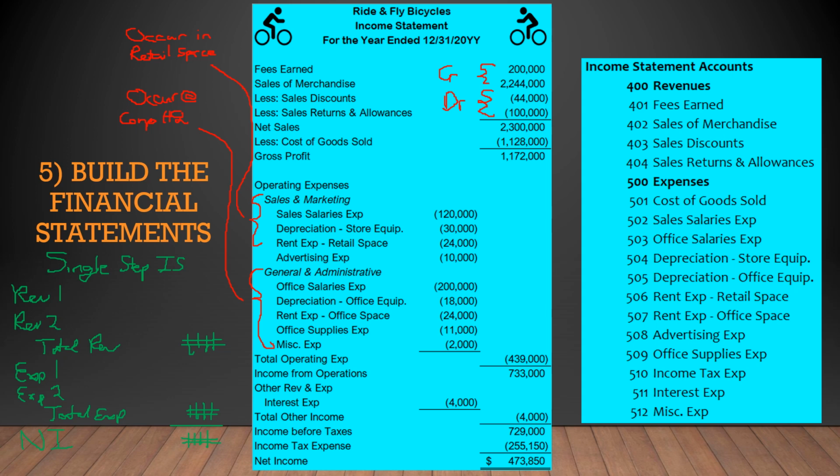I know this looks like a lot, but you just have to memorize the process. Sales minus cost of goods sold equals gross profit. Subtract operating expenses from gross profit to get income from operations.